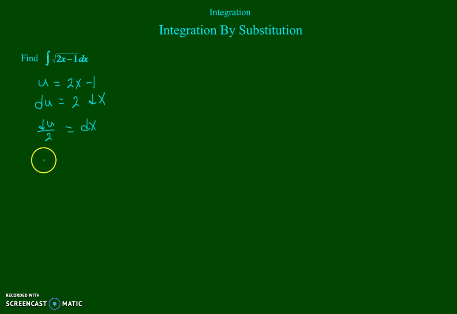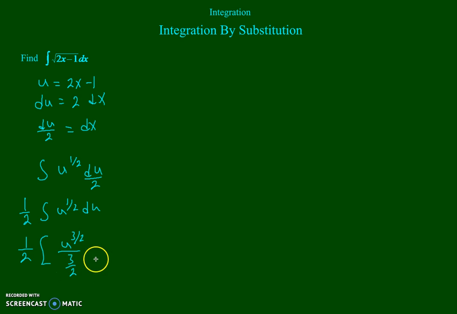So this becomes the integral of u, and I'm going to rewrite this as a power, a rational exponent, 1/2, du over 2. And again, we have a multiple of 1/2 here, so let's get that 1/2 out front. So we have 1/2 the integral of u to the 1/2 du. This becomes 1/2 u, add 1, 3/2 over 3/2 plus c.